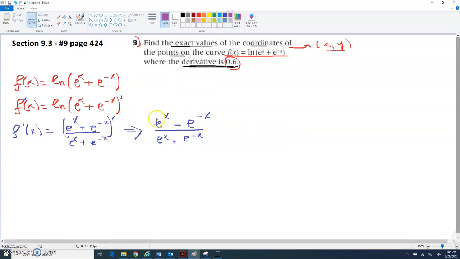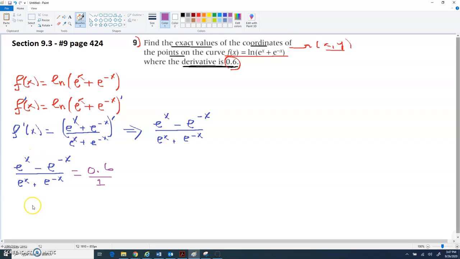Now I'm going to take this derivative, which is this whole thing, and set it equal to 0.6. To solve for this, I'm going to put a 1 under the 0.6 and cross multiply.